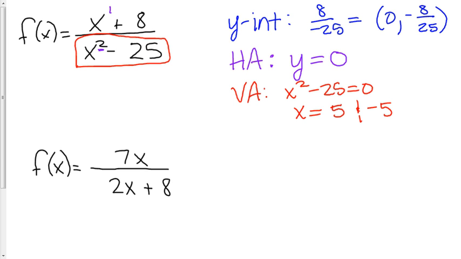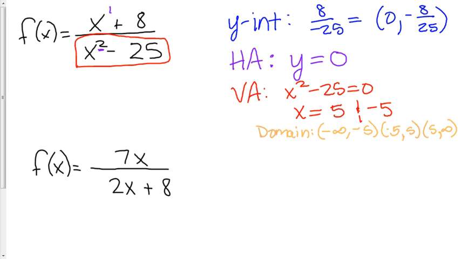And that would also affect the domain of the function. The domain would run from negative infinity to negative 5, from negative 5 to positive 5, and then from 5 to infinity. Now you could write it as all reals except for 5 and negative 5 if you wanted to.